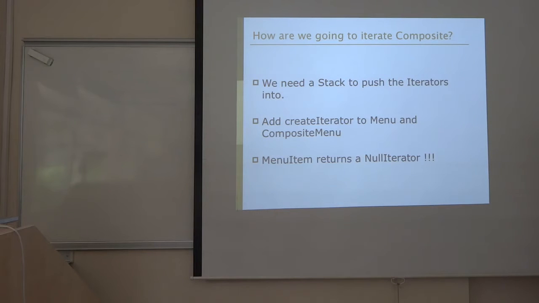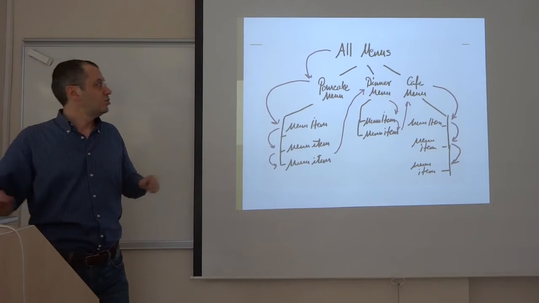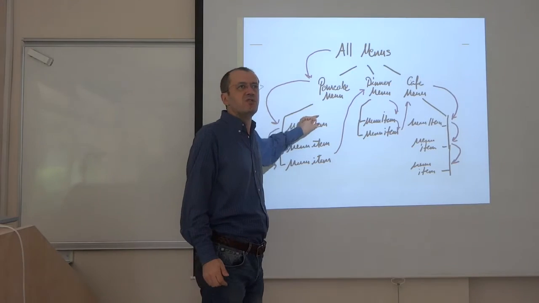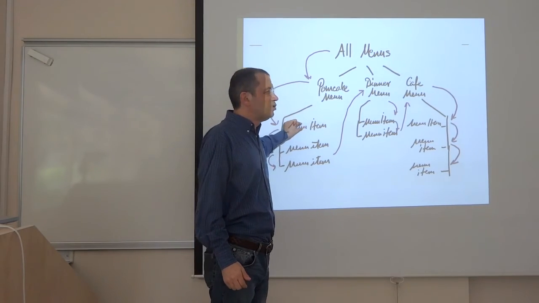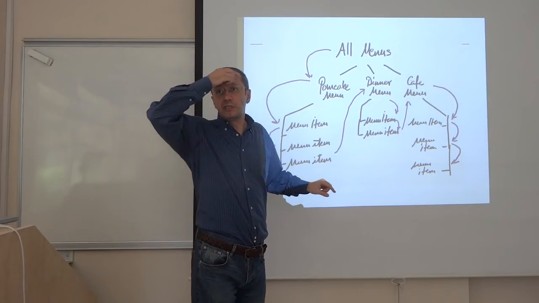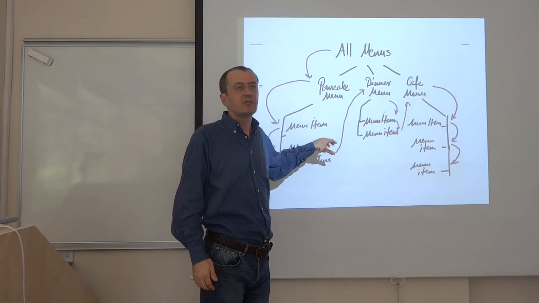So I need to be able to iterate through all the menu items without stopping at each branch. I want to check each one of the menu items to see if it is vegetarian or not. This is an attribute inside the menu item. It says it is vegetarian or non-vegetarian.